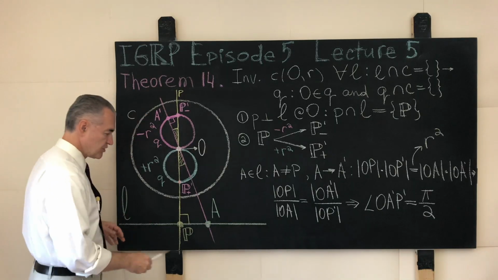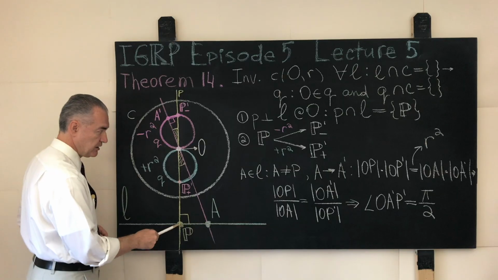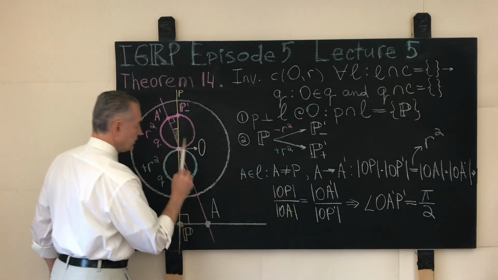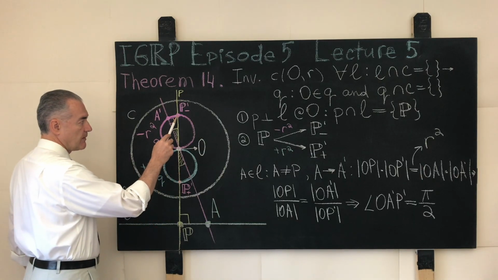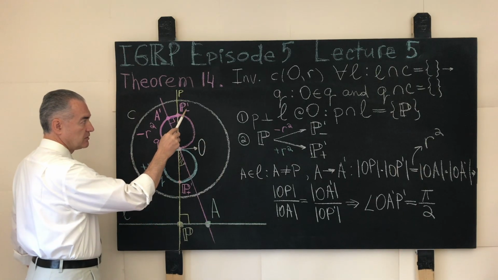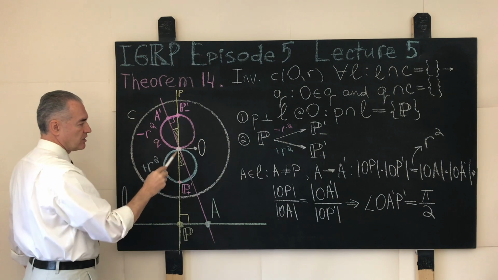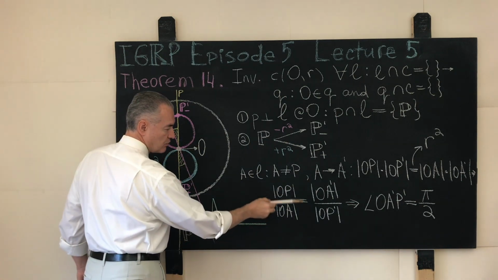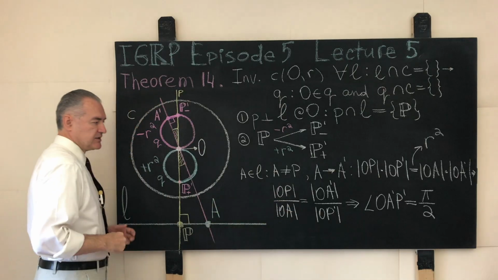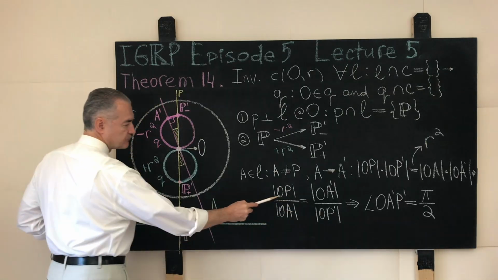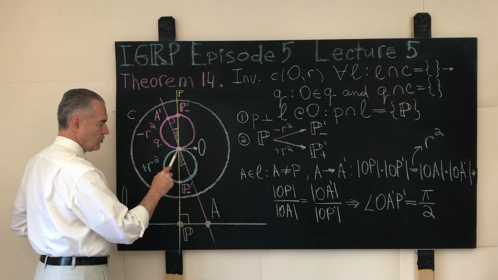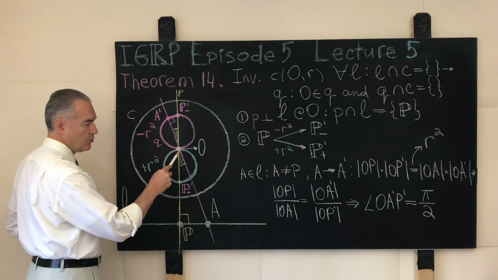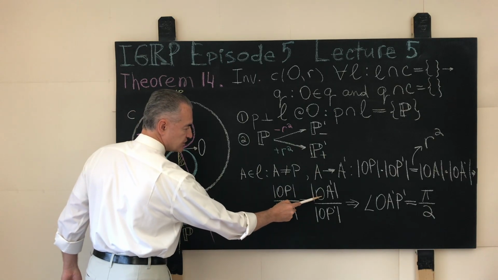In other words, the triangle APO is similar, as we proved over here, to the triangle P prime minus A prime O. And according to our ratio over here, the side OP of the triangle APO corresponds to which side?